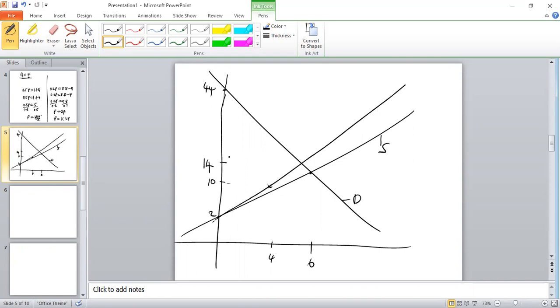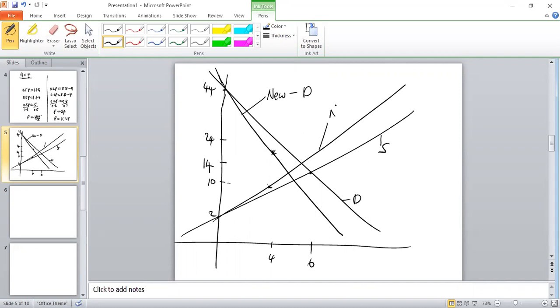Then the other guy, for the same 4 units, it gave us 24. So if we say 24 is somewhere here, then you connect the 2 points. This is now the new one, the new demand.